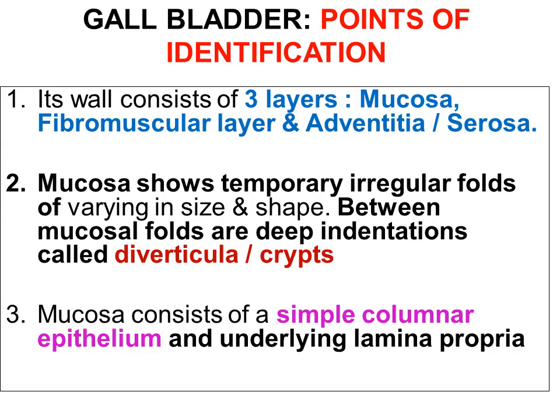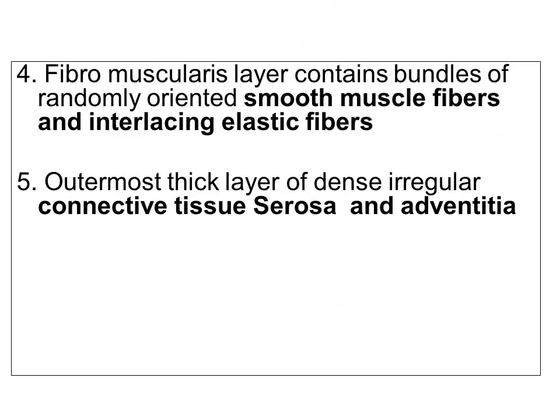Mucosa is consisting of simple columnar epithelium and an underlying lamina propria which shows no glands. The fibromuscularis layer, as the name suggests, contains bundle of randomly oriented smooth muscle fibers and interlacing elastic fibers. Outermost thick layer of dense irregular connective tissue forms the serosa or the adventitia.